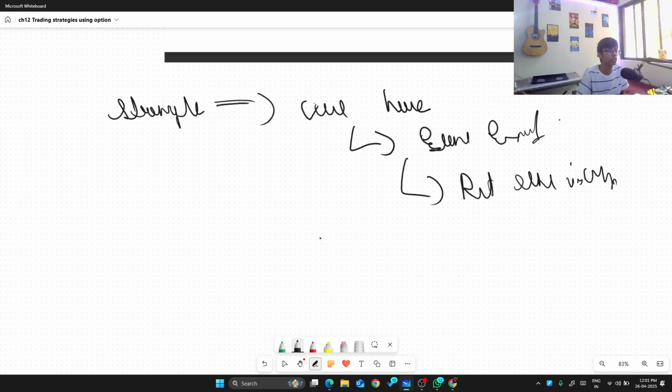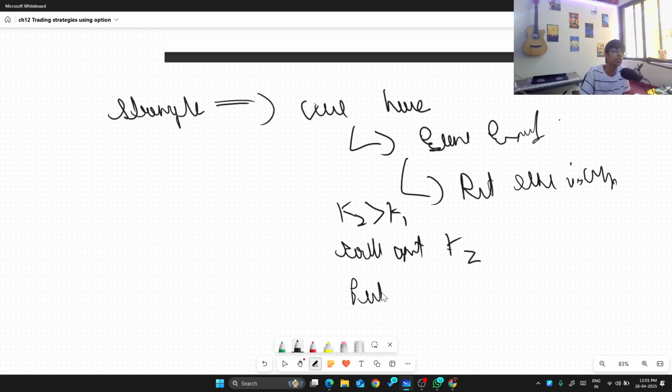We have a call option with strike price K2, where K2 is bigger than K1, and a put option with strike price K1, and its diagram is like this.